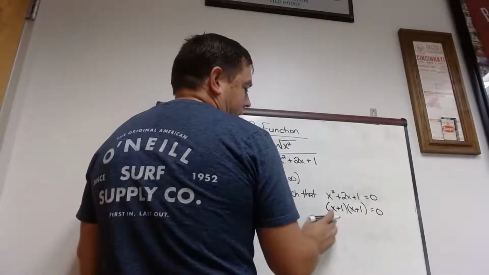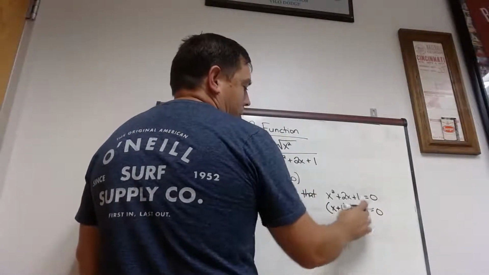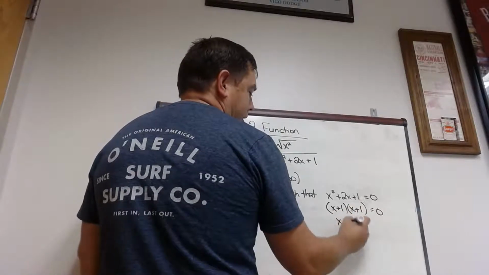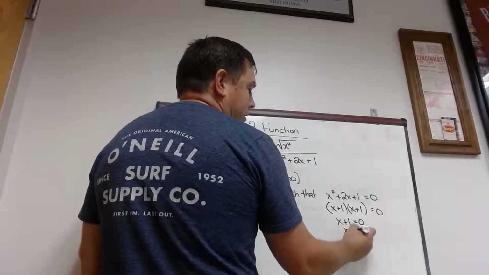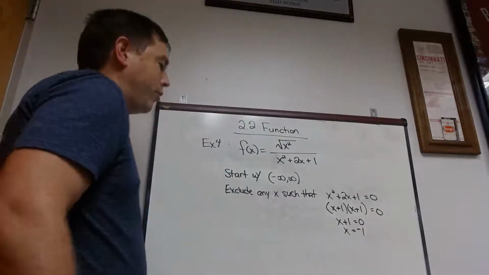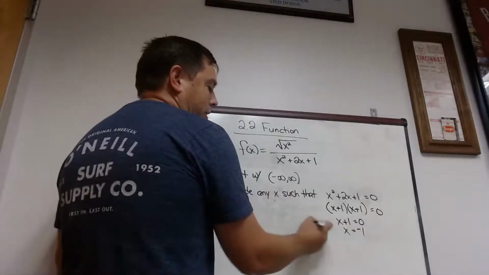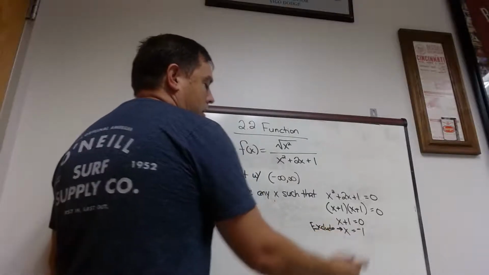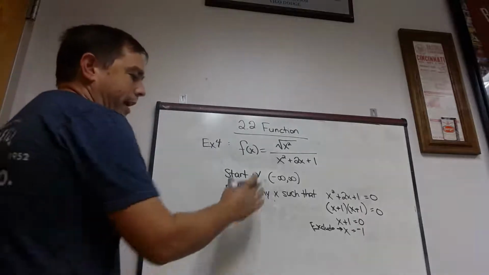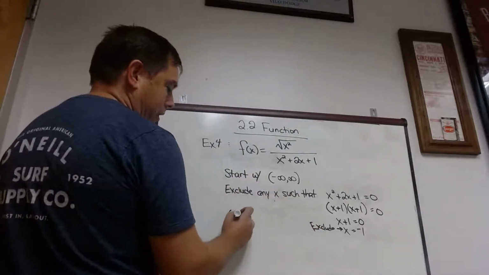And this is the multiplication of two numbers together to equal 0. This would imply that x plus 1 is equal to 0 and x plus 1 is equal to 0. That would mean that x is equal to -1. So we need to exclude that value. All right. So our domain after that exclusion looks like this.